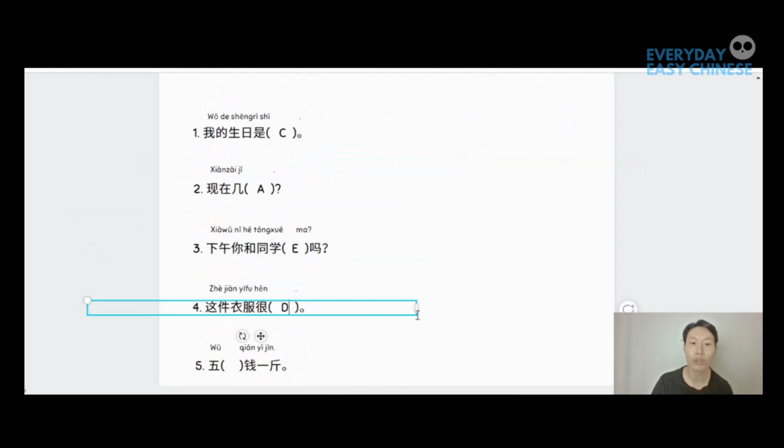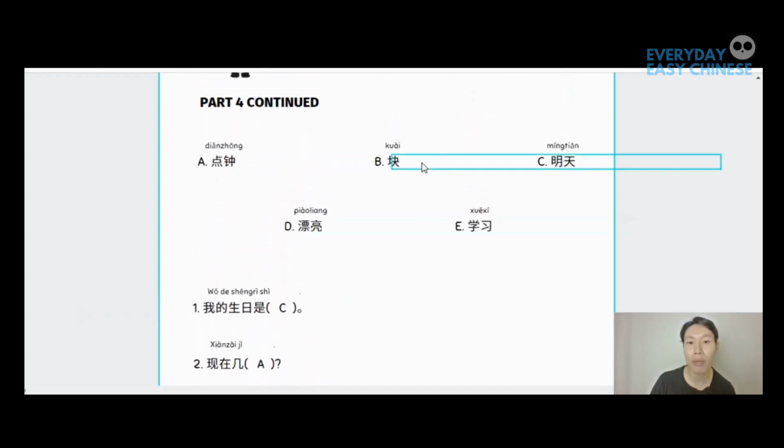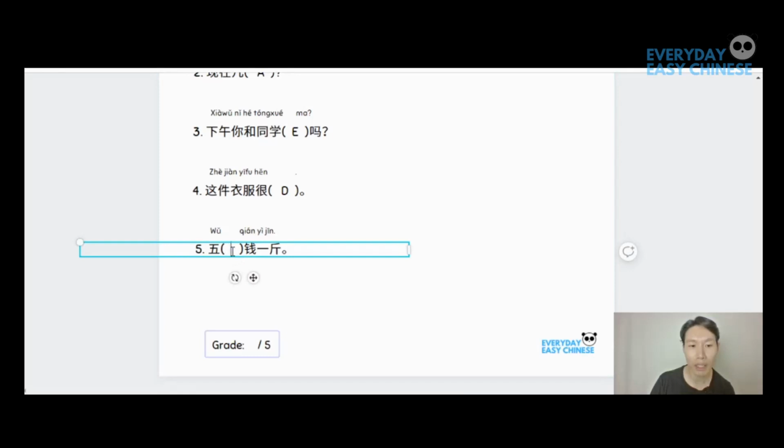It's very beautiful. It looks really good. The final question. Number 5. 钱一斤. So it's 5 money per 500 grams. So we have 块 here, which is the measure word for the money. So we have 5块钱一斤. It's 5 yuan per 500 grams.